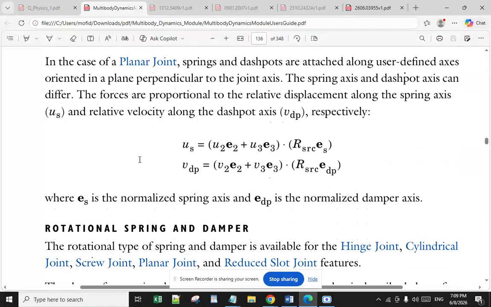The spring axis and damper axis can differ. The forces are proportional to the relative displacement along the spring axis, u_s, and the relative velocity along the damper axis, u_d dot, respectively.